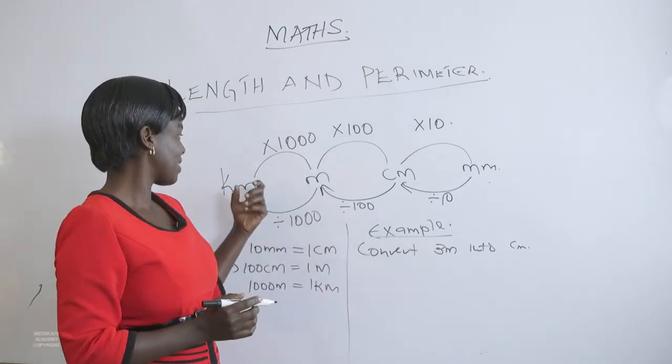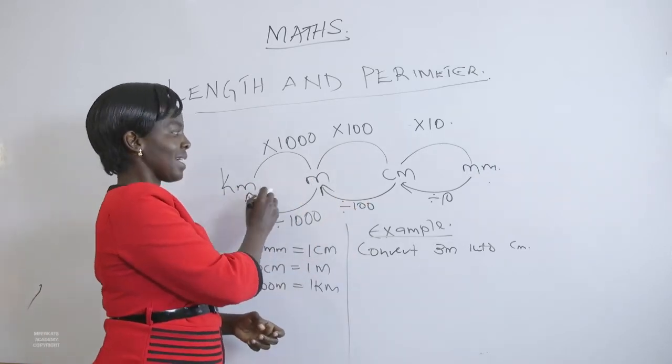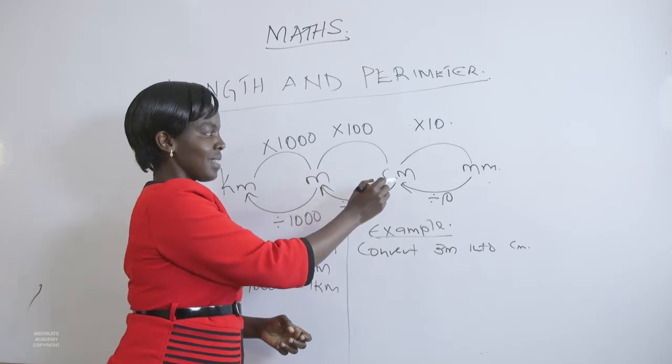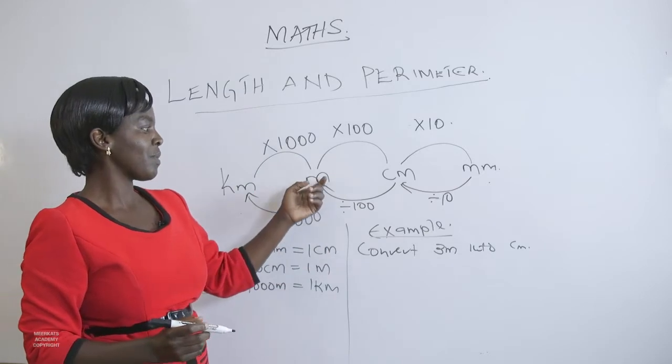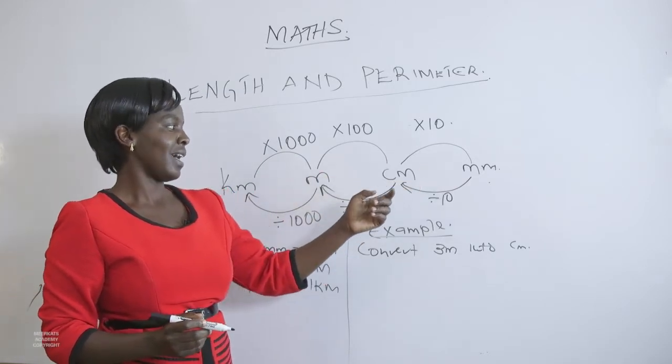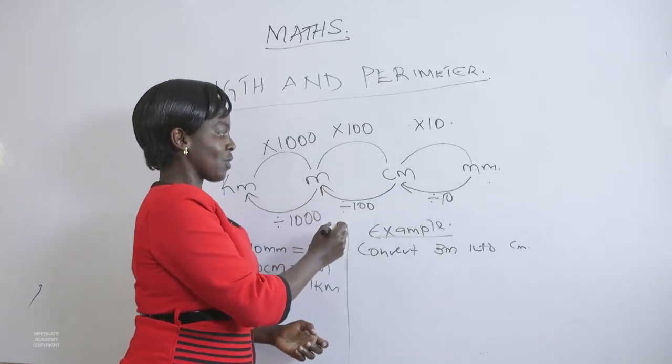And kilometers is highest, followed by meters, centimeters, and millimeters. So because we are moving from meters to centimeters, and there is a difference of 100, this is what we are supposed to do.